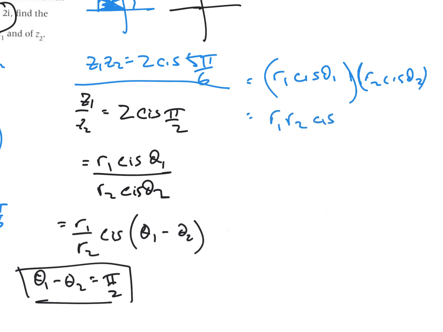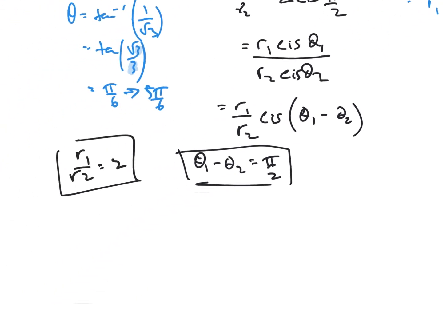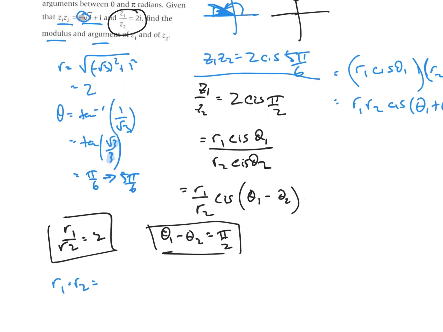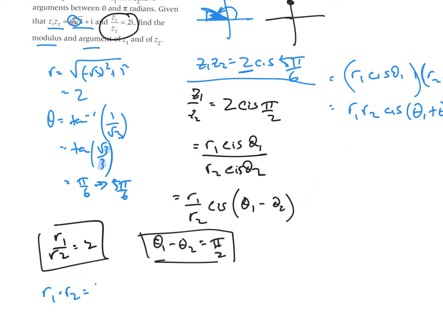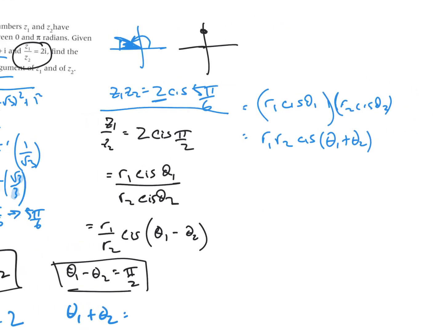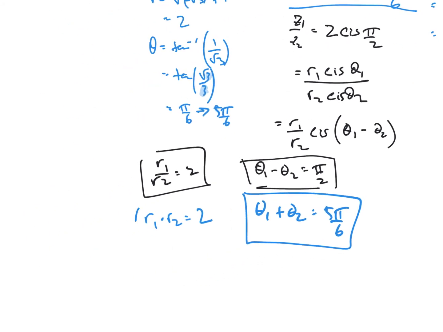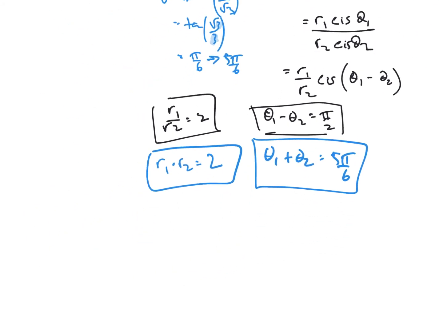When I multiply complex numbers, I add the angles. And so then I can say that r1 times r2 is equal also to 2, and that theta 1 plus theta 2 is equal to 5 pi by 6. And so now I have two different sets of simultaneous equations.